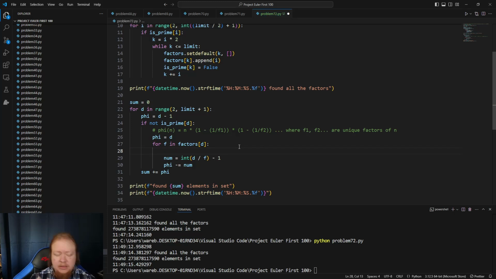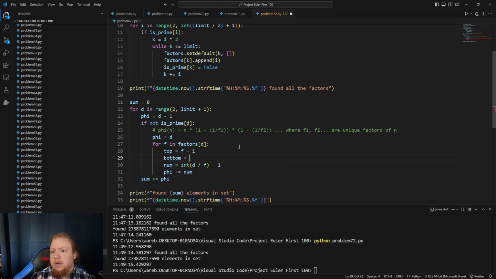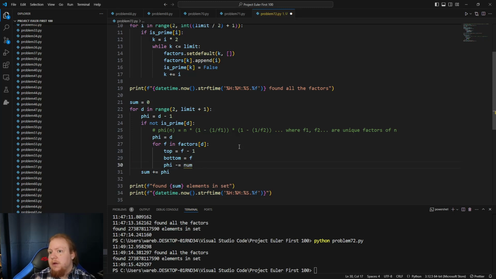No, that doesn't really work. So top is equal to f minus 1. Bottom is equal to f. So phi.